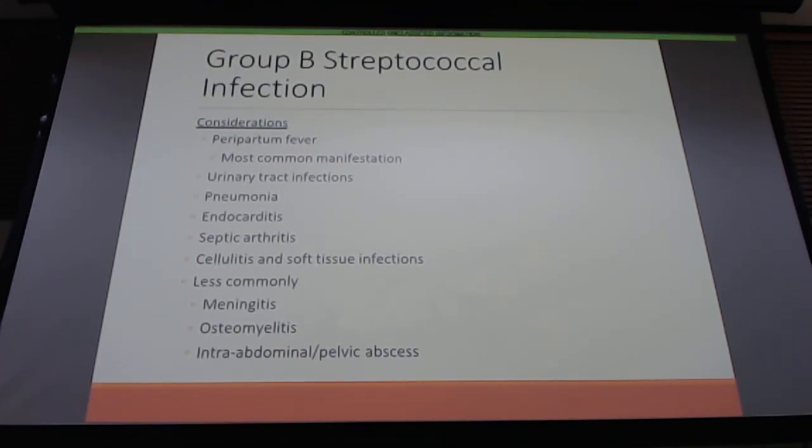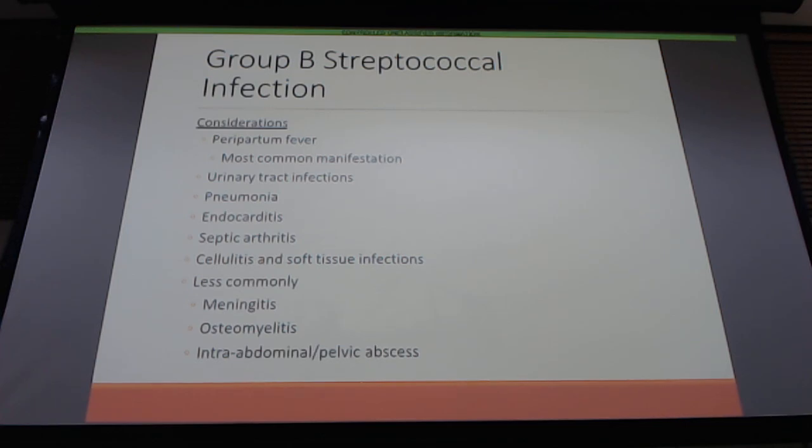Here's a bunch of considerations to think about. Peripartum fever: if a pregnant woman has a fever either before, during, or after pregnancy, one of the things you need to think about is group B strep. If someone commonly has urinary tract infections, one of the things you should think about is group B strep.